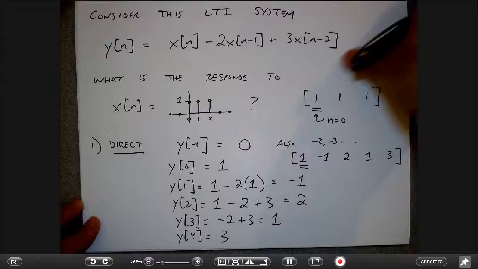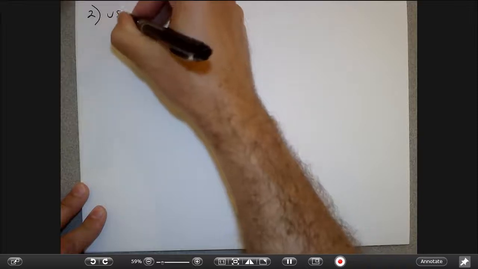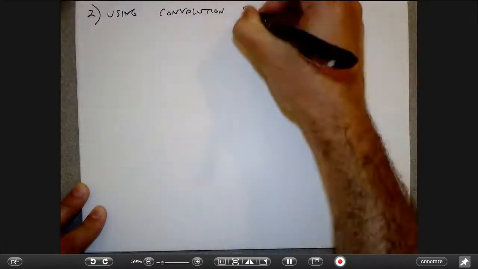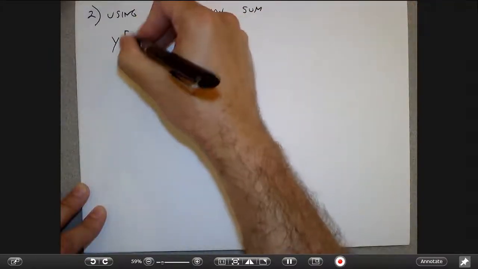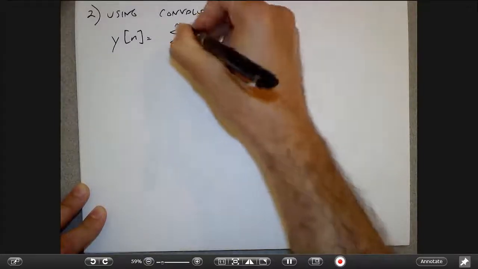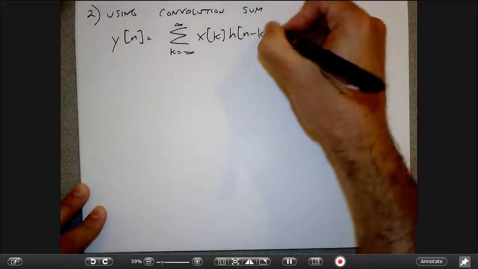Okay, so let's think about explicitly using the convolution sum. And what I mean by that is that I've given you this formula that says I have to figure out whatever this means, right?